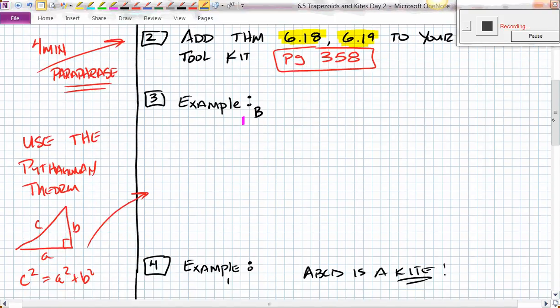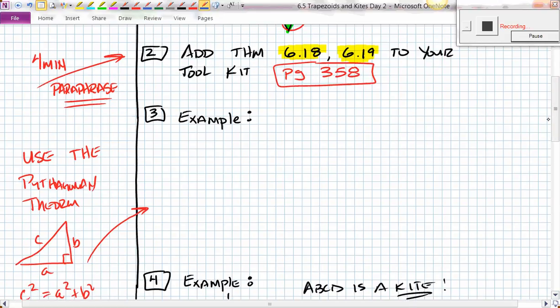All right. I've got 2 examples for you, and we're going to use the Pythagorean theorem. And the Pythagorean theorem has to do with what type of triangles? Who remembers? Chad, yes. Yeah, it's the right triangle. We're going to use that.